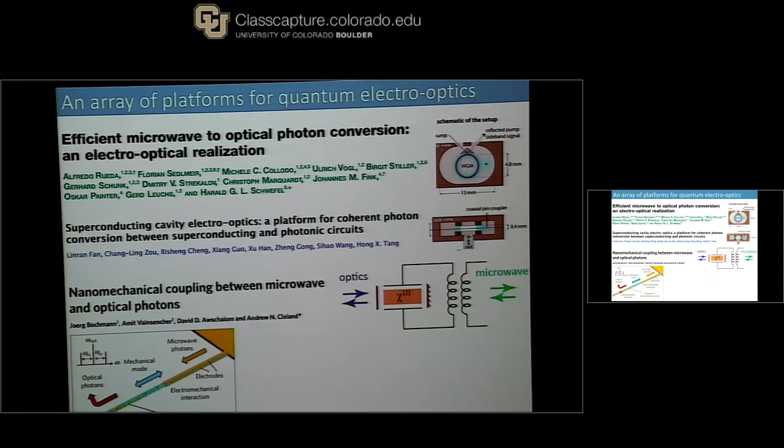There's work at Yale on other nonlinear media, aluminum nitride, and piezoelectric couplings can also be relevant to this problem. The coupling that I'll talk about is very relevant to the framework that we've developed, but there's a lot of other things that people are working on to try to solve this problem.